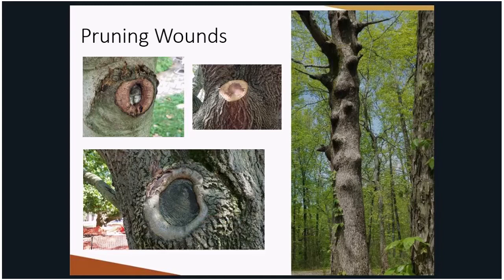And finally, this is a trunk of a white oak tree down in the Shawnee National Forest that I thought was just really interesting. This tree's never really been pruned. It's had limbs break off in storms, and so each one of these big lumps you see is an old branch stub that's just been encased by wound wood.